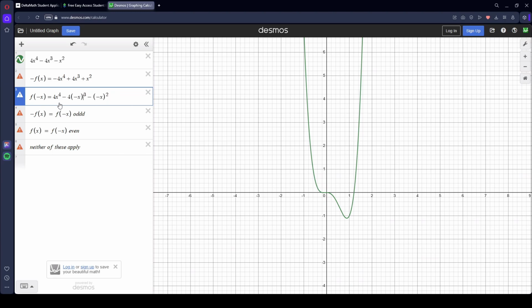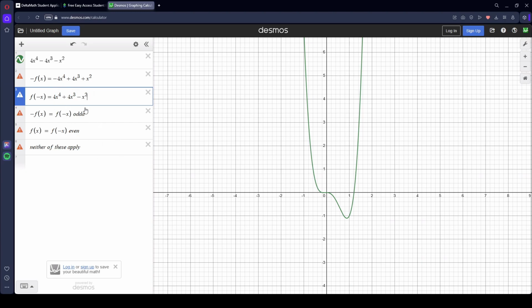Negative x to the power 3 is negative x to the power 3, and multiplied by negative 4 is positive 4. Yes, x squared, which means negative x squared. Yeah. Negative x squared. Okay.